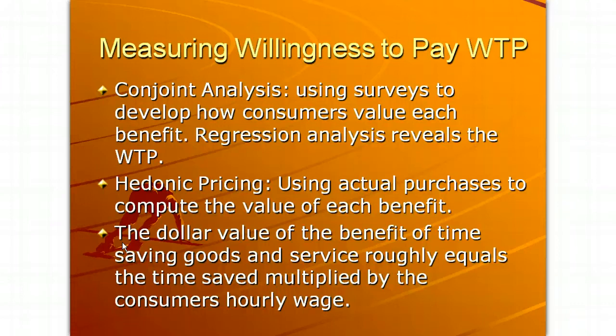Another way of looking at this is the dollar value of the benefits of the time saved. So think of it like this. You make a certain amount of money per hour, so you could measure the time saved by multiplying it by your hourly wage. Say, for example, that you could order your groceries online through the Stop and Shop Peapod service and have it delivered to your house.